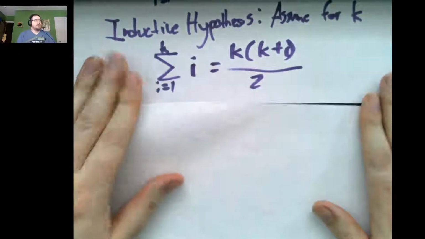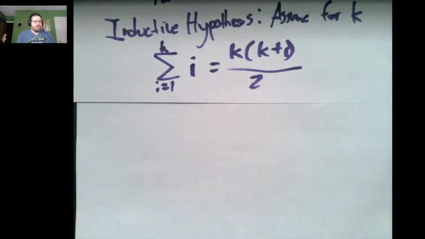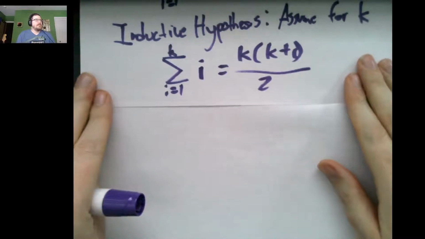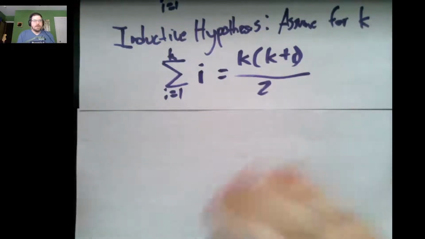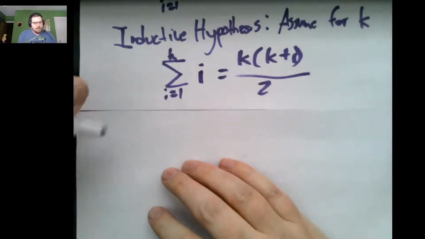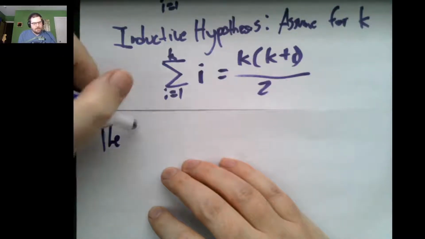Okay, so we've assumed that for k. Excellent. So now we're going to do the step, the Stairmaster.